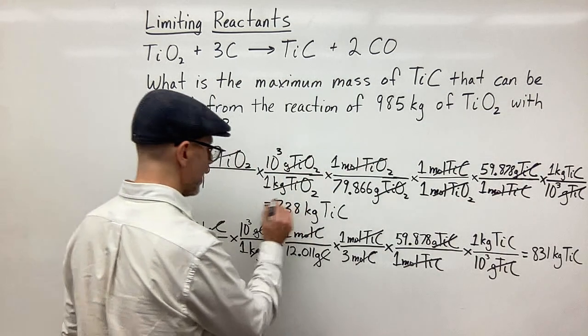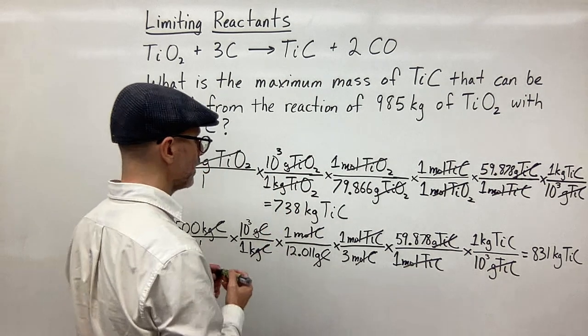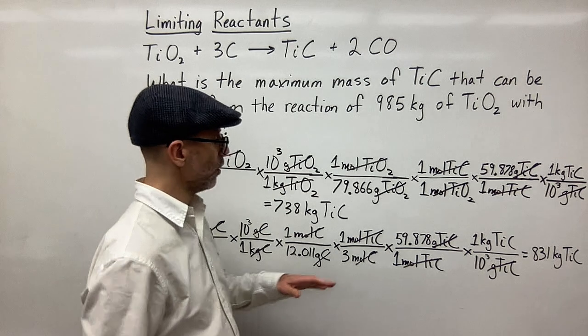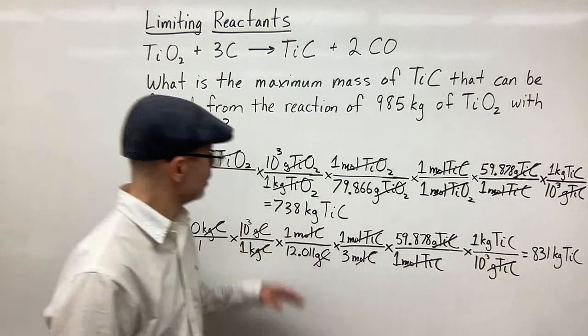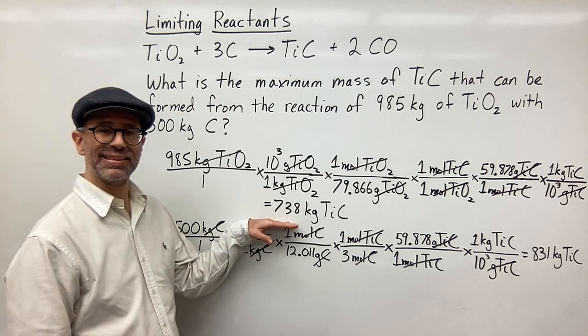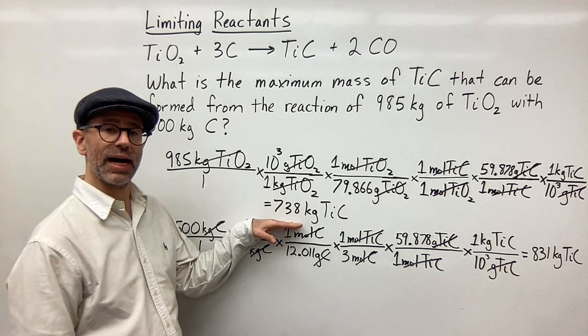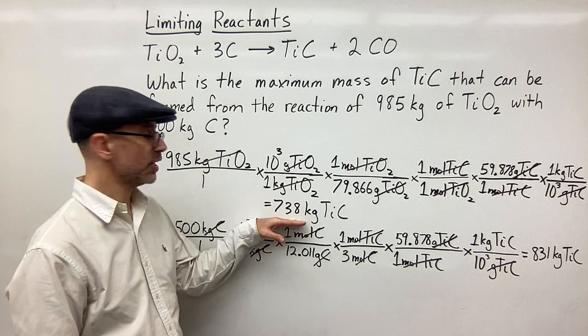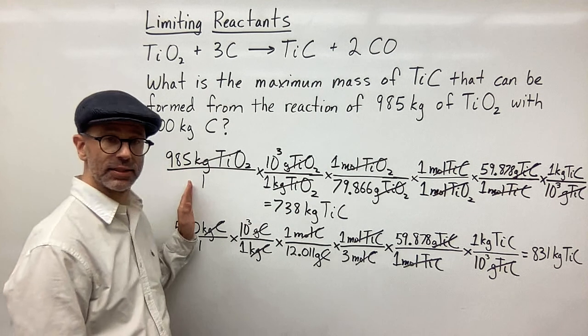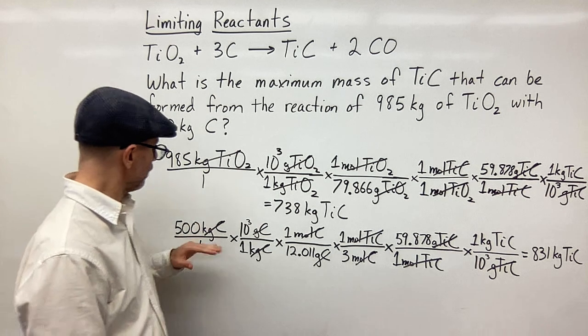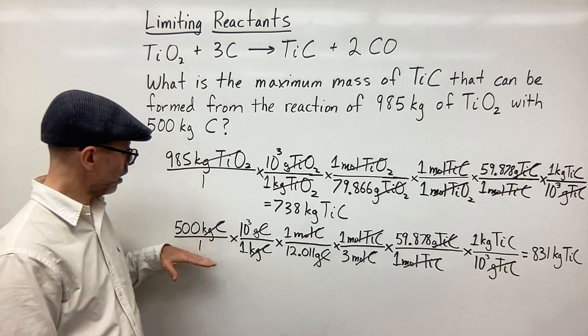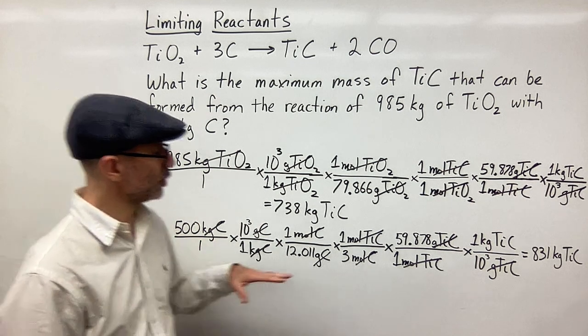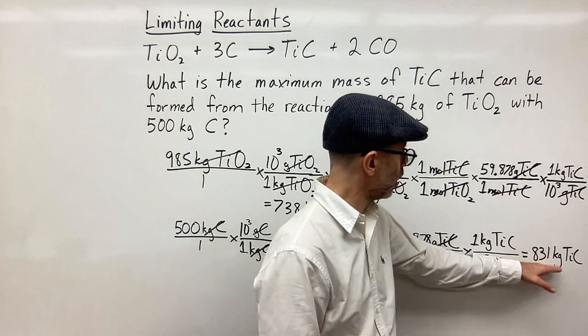So here I have 738 kilograms of TiC. Here I have 831. This is the amount of TiC that would be produced if all of the carbon reacted.